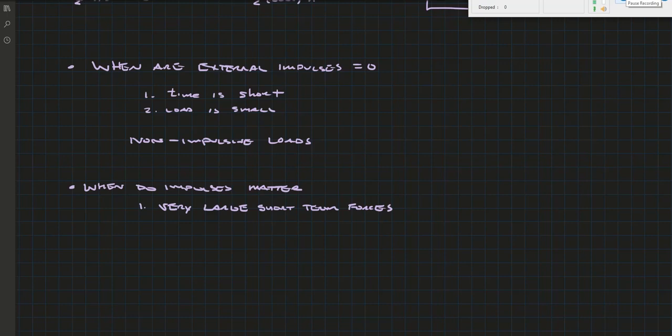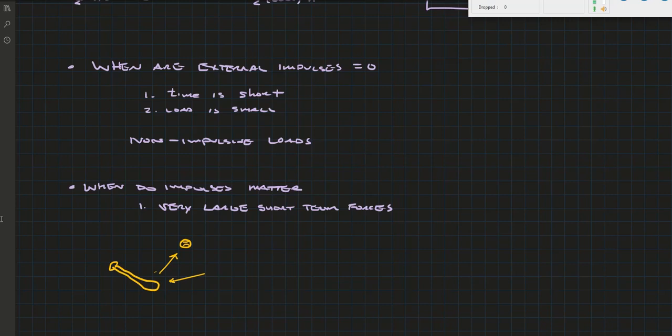So when do impulses matter? Well, when you have very large short-term forces. For example, a situation where perhaps a bat strikes an incoming ball. At the very short instant where we might be analyzing this, the instantaneous change of direction when this occurs, the weight of the ball can be considered negligible because the time scale is so small, but the force of the bat on the ball, changing the direction of the ball, is very large.